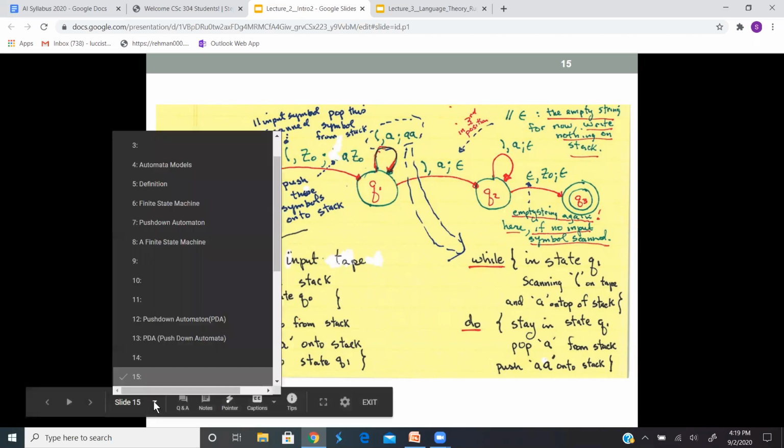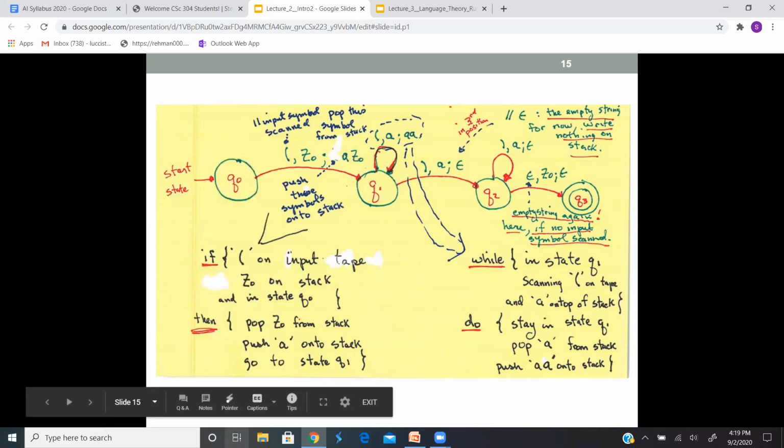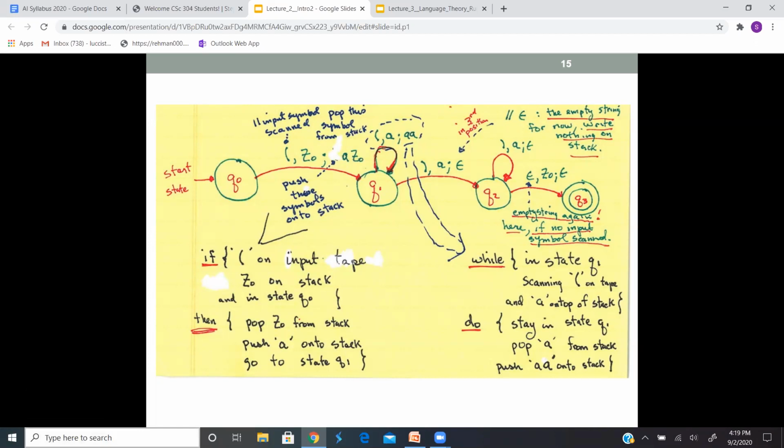Not sure. For this lesson? 27. Maybe. All right, hold on. Okay, 27, and we're on, where the hell are we? We're on 15. So, okay, we got time. So I won't do it in too much detail, but we'll come back.